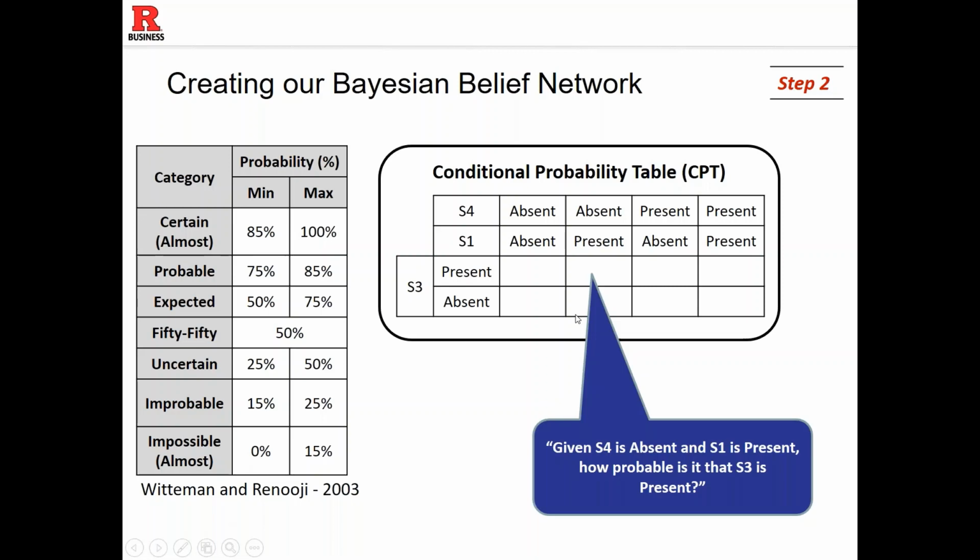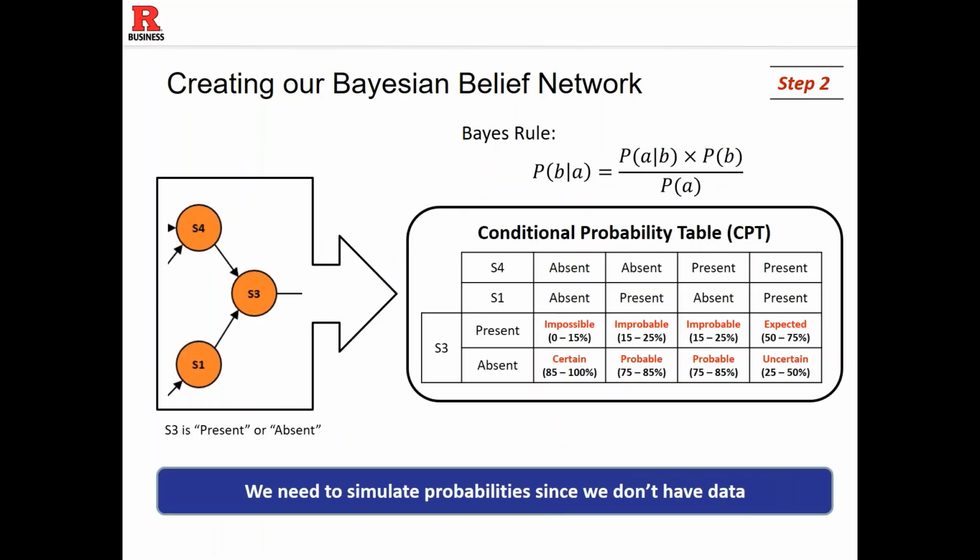This allows us to work through this systematically and do some simulations in the future. We have to do this conditional probability table for each node in the system, and the tables will look very different. Ultimately, the result will look like this, where you have ranges.